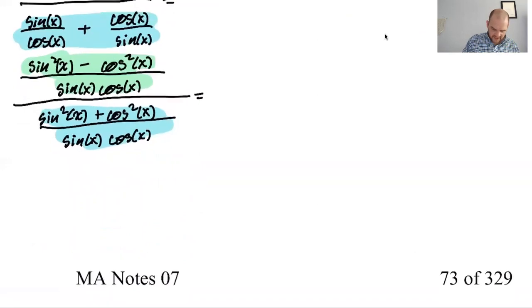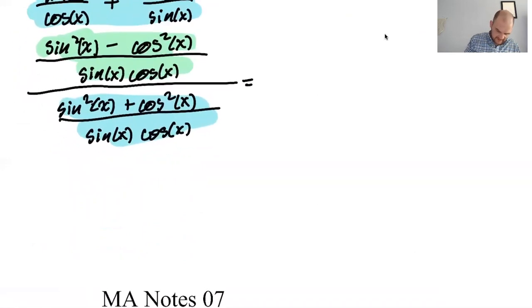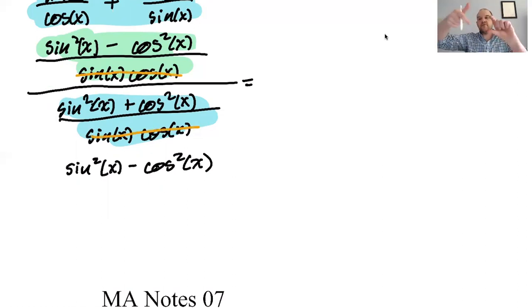So complex fraction. Let's simplify that. Since they have the same denominator, this is a rule that I feel like not enough people take advantage of. They have the same denominator, which means they might as well not have a denominator. You can just cancel those, because you're going to multiply by the reciprocal.